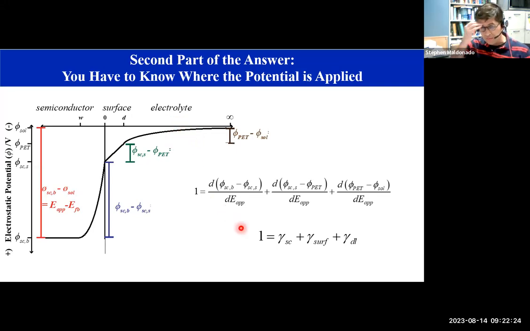If you're a little bit more mathematically inclined, you can think of these fractions as describing the derivative of where the electrostatic potential drop is changing in each of these regions with respect to the potential that you're applying. If you don't like mathematical descriptions, then forget this equation and just focus on this bottom one, which says that every time you apply a potential to any system, the fractional potential drops, which I'll label as gamma values, all have to equal 1. That's by definition.